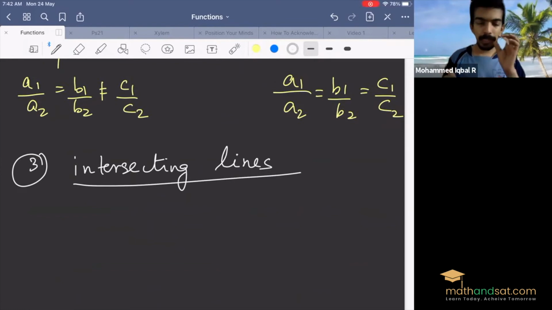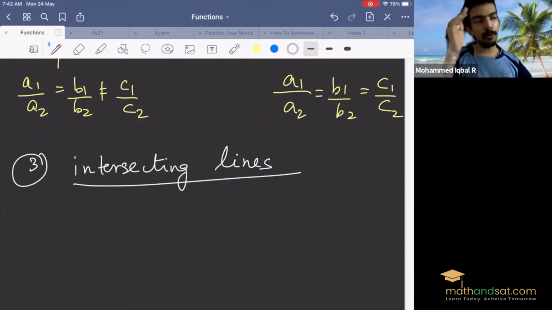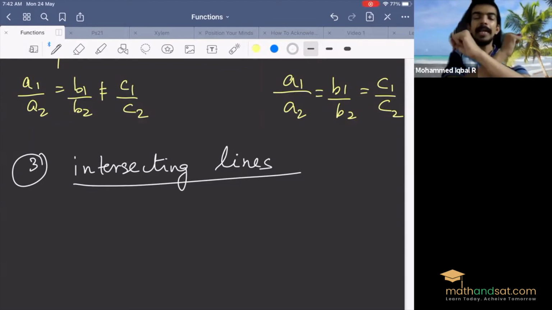If the slopes are different, they are bound to intersect at some point. Only if the slopes are the same will they go parallel and never intersect, or they will become coincident. Otherwise, they will intersect.